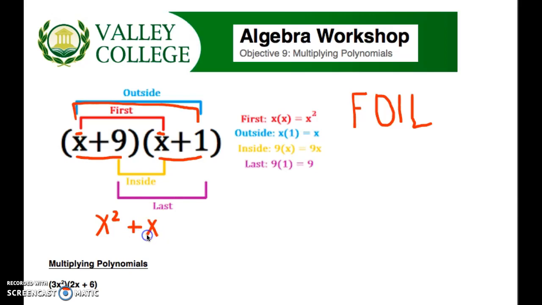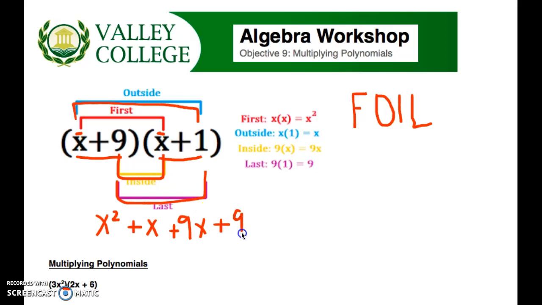Then we do inside. My inside terms are the 9 times the x, so I have a positive 9x. And then I do the last two terms, a 9 times a positive 1, and I have a positive 9.